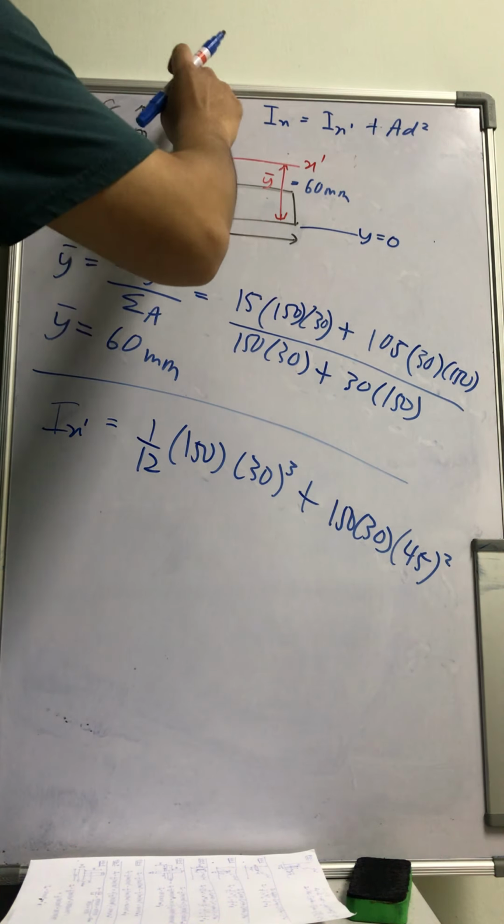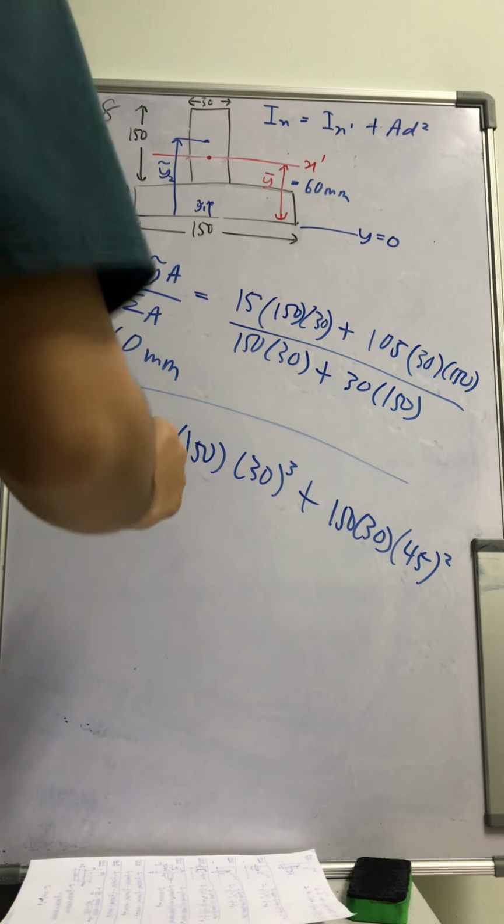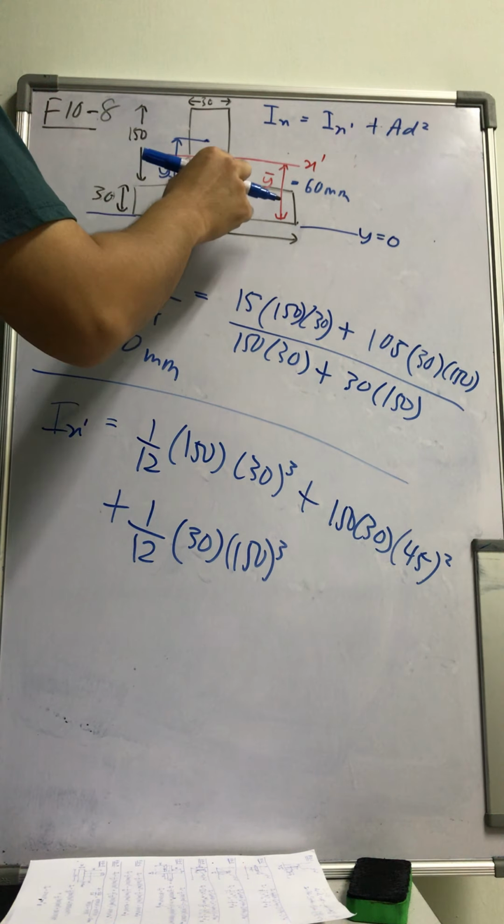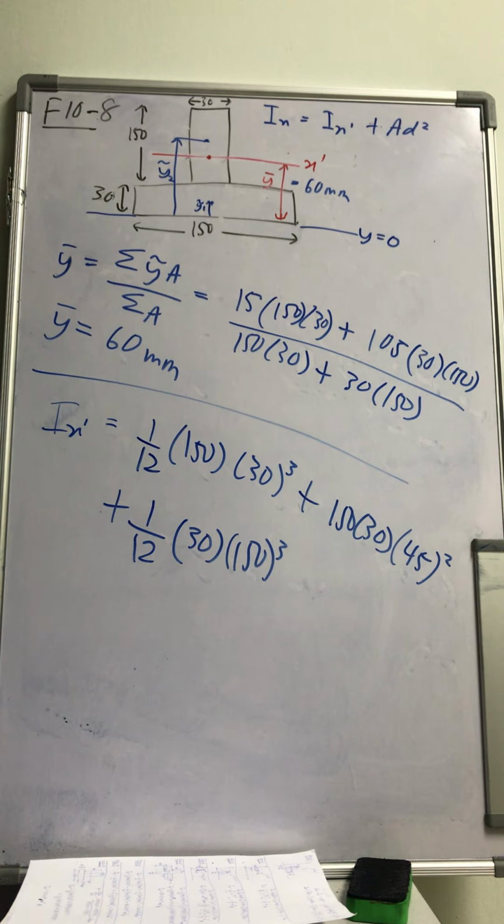The one at the top, same, plus 1/12. The base is 30 and the height is 150. Why 1/12 b h cubed again?